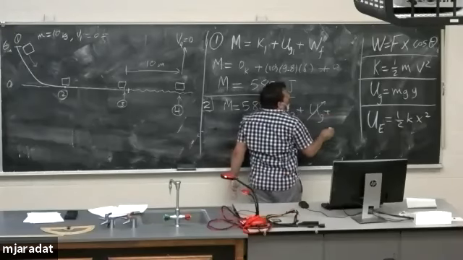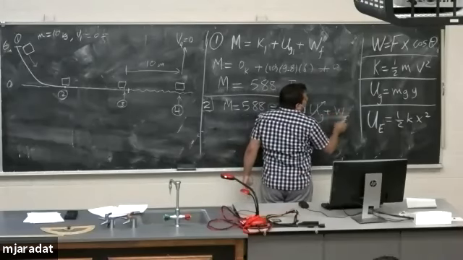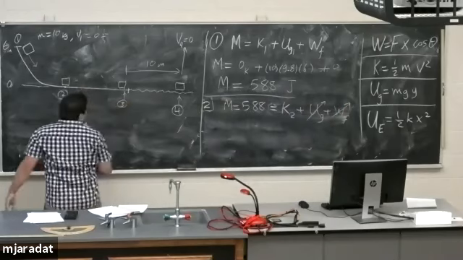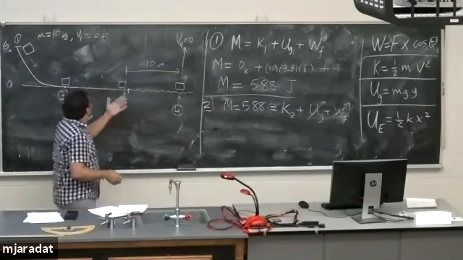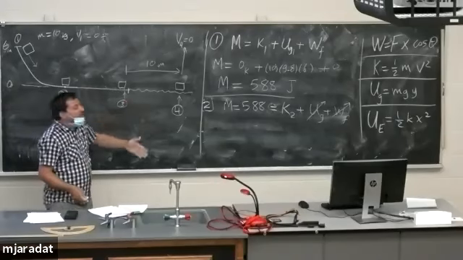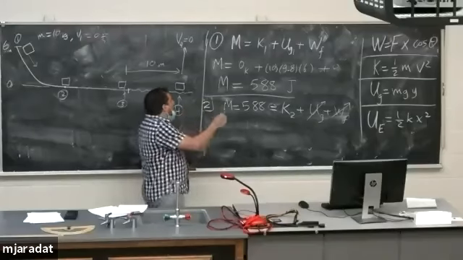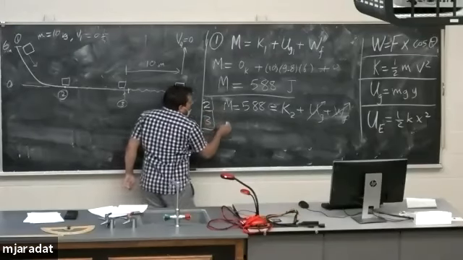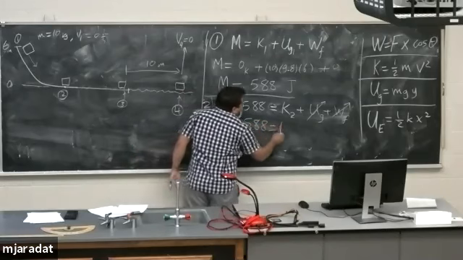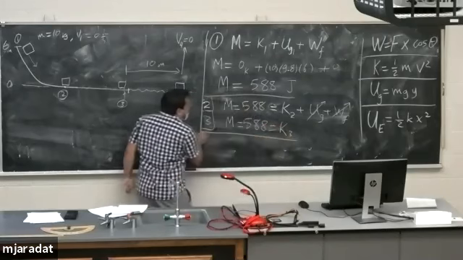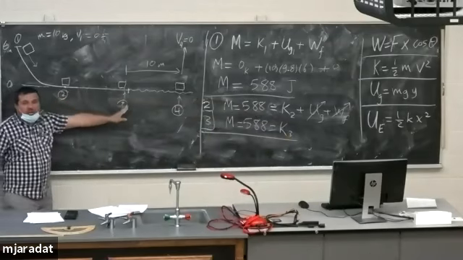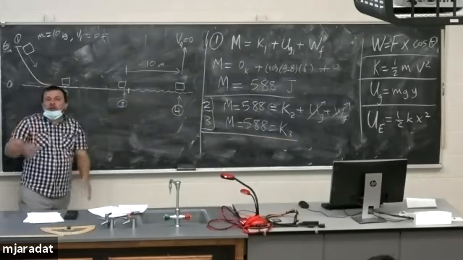How much is the work done by the frictional force? It is also zero. We don't have any frictional force here. So our kinetic energy at point number 2 is equal to the total mechanical energy, 588. It is also equal to the kinetic energy at point number 3, right? Nothing changed. We don't have any frictional force between here and here. We don't have any change in altitude.